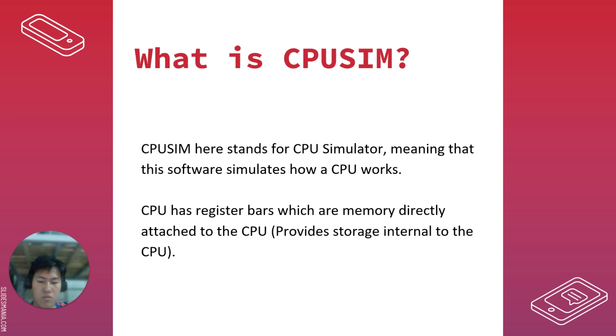However, the number of registers on the CPU is very limited, while programs need a lot of space to execute. Therefore, the computer also has main memory, or RAM, to store the data needed to execute the program. We can configure the components in CPU SIM.